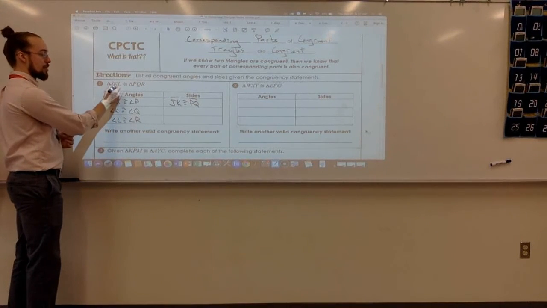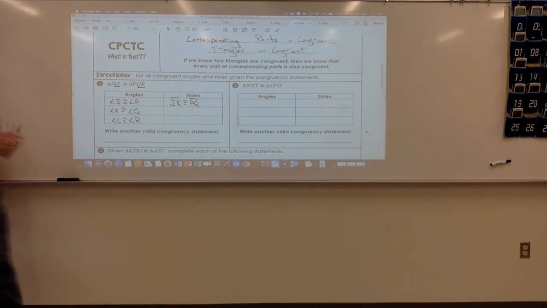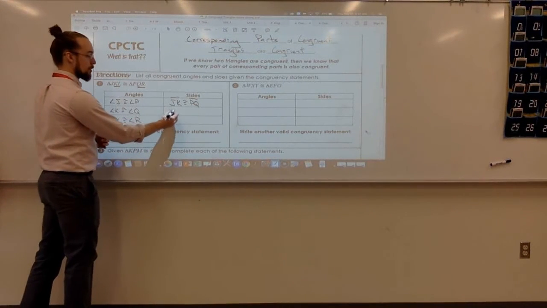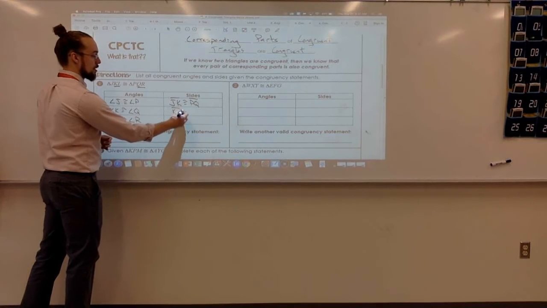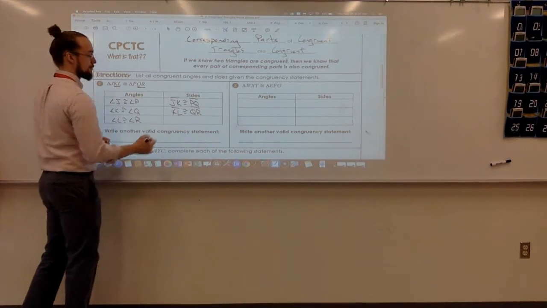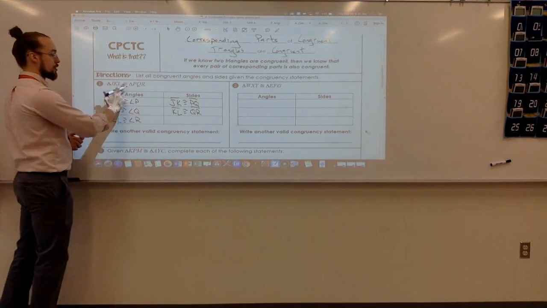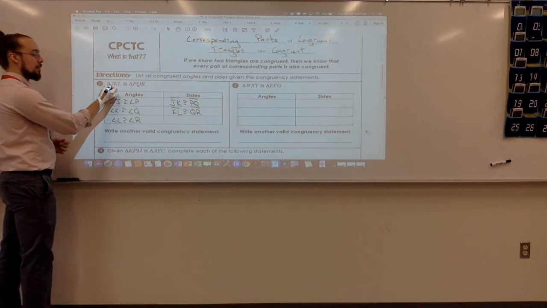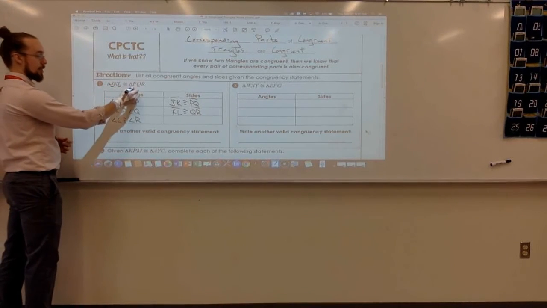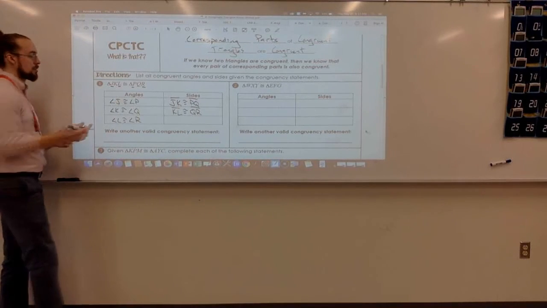Then I can say segment KL and segment QR. Those two sides are going to be congruent. KL and QR. And then the last combination would be the first and the last letters: side JL and side PR.